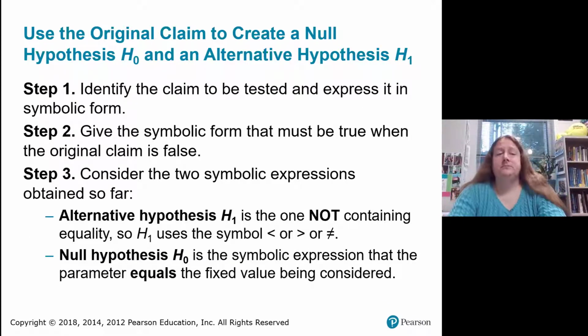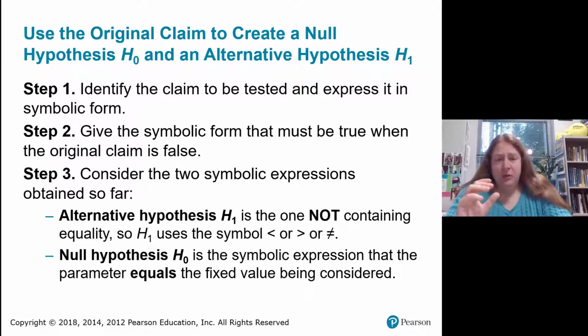So now we can use the original claim to create a null hypothesis and an alternative hypothesis. We're going to walk through that process with these different things. And so again, we had come up with what the claim was, we had put it into our technical terms, and now we're going to create that null hypothesis and alternative hypothesis.